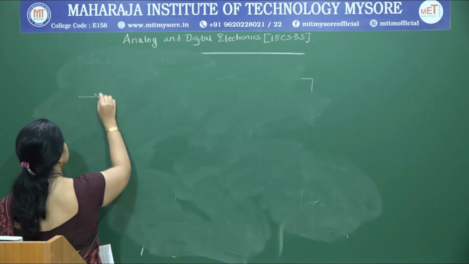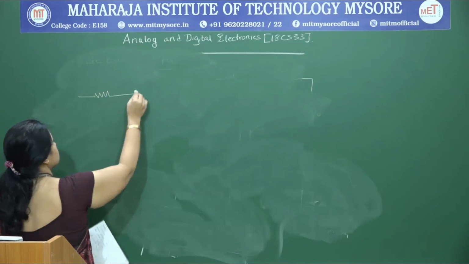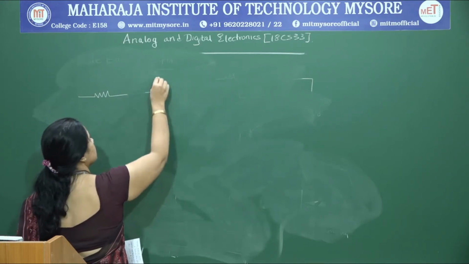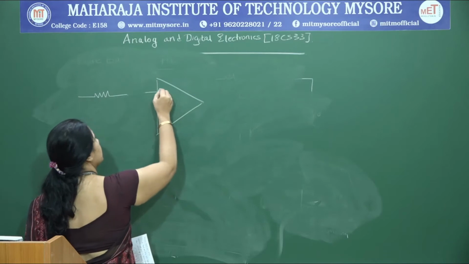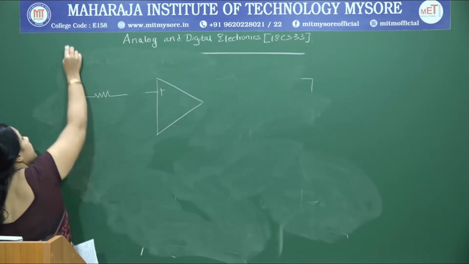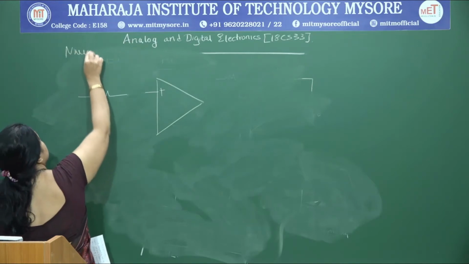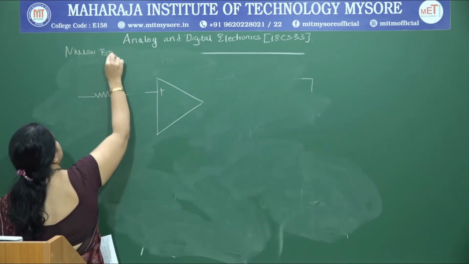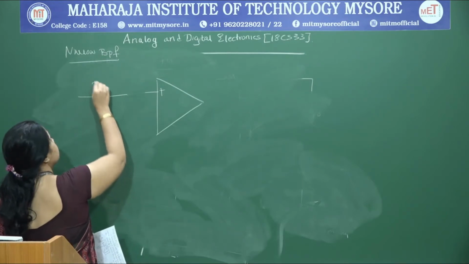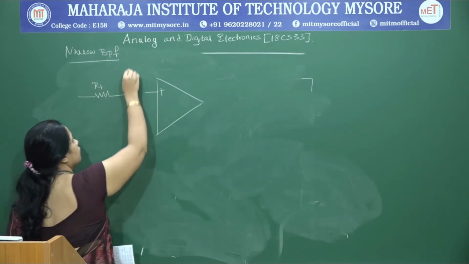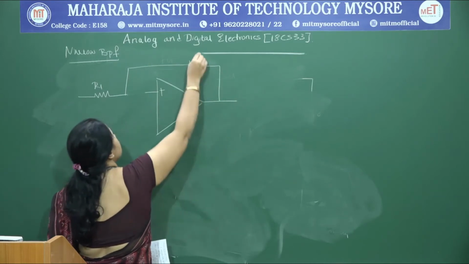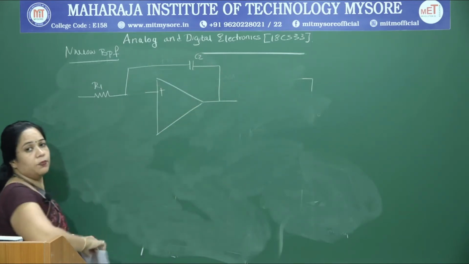We have a single op amp. As you are aware, it is a circuit with negative feedback. So R1 and C2 form the low pass section of a low pass filter.